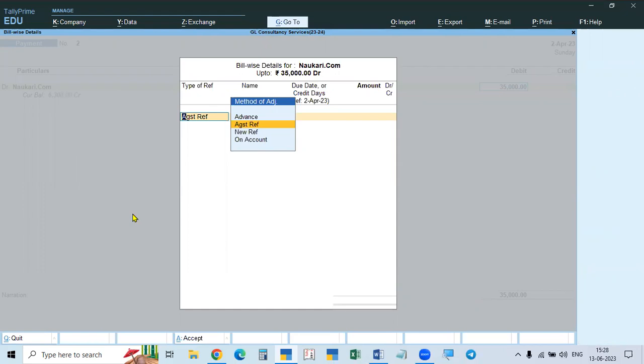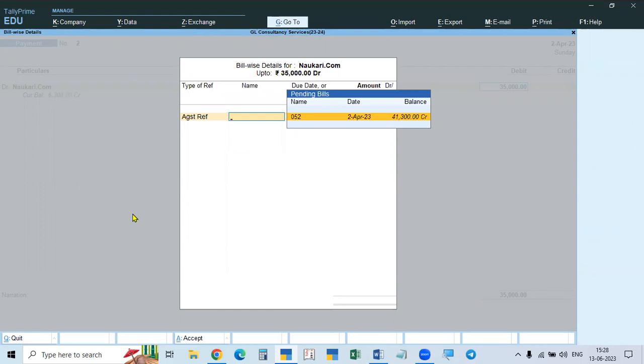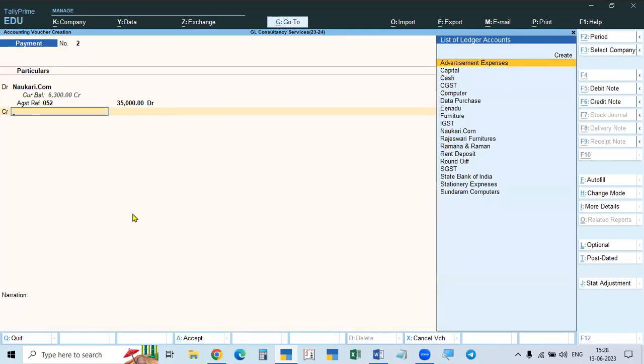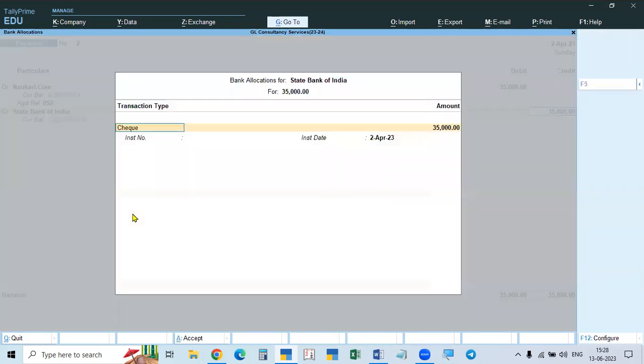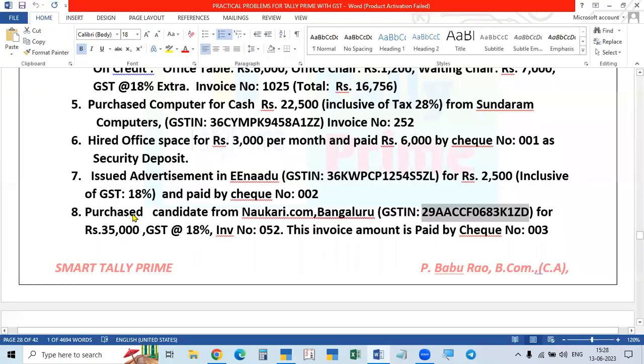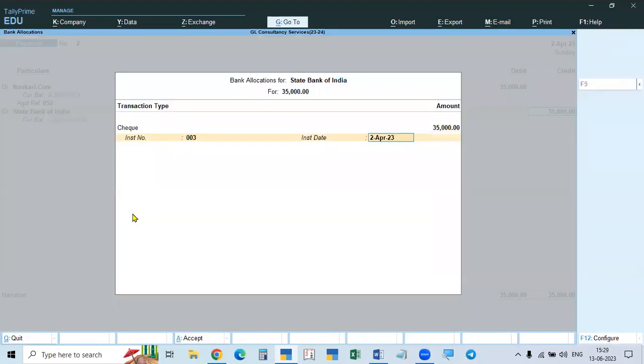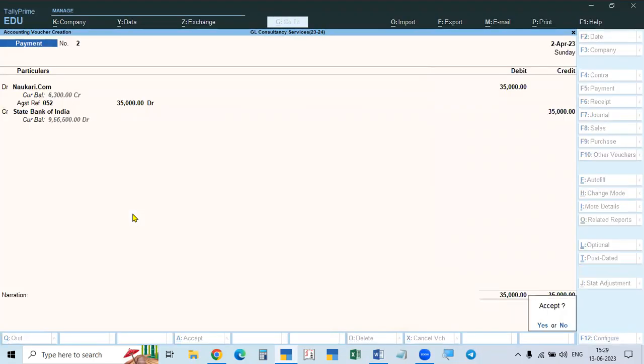Now against the bill we are paying, against reference, see that bill number, amount, everything will come. We are paying only 35,000 rupees. So here, credit, we are paying by State Bank of India check. So State Bank of India, 35,000 rupees, check number is 003. So we can do it this way.